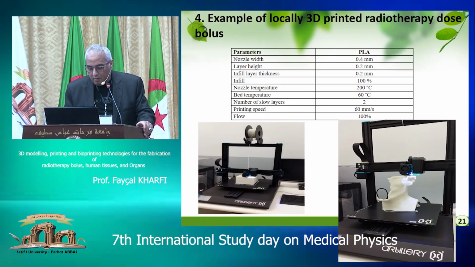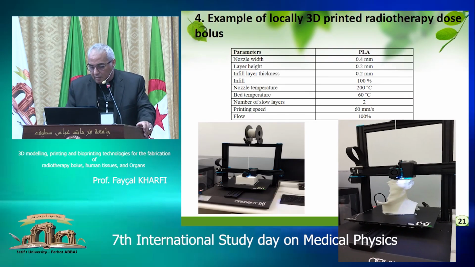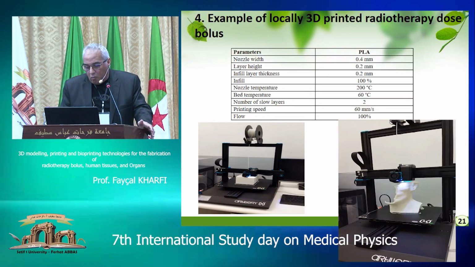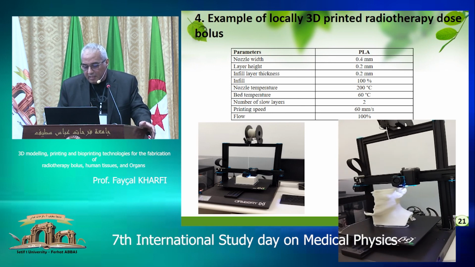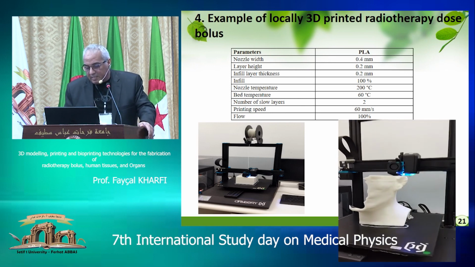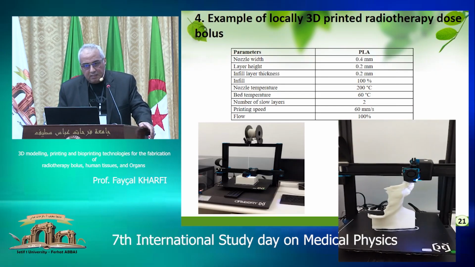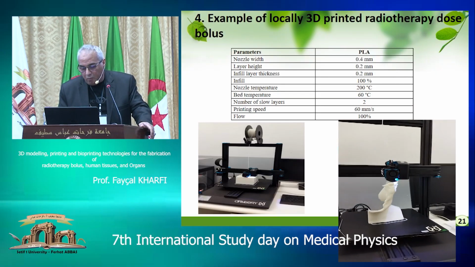Here, our phantom, and on the right, one kind of bolus. This is not the nose bolus, but one kind of bolus that we are studying. This is the 3D printing of the bolus.